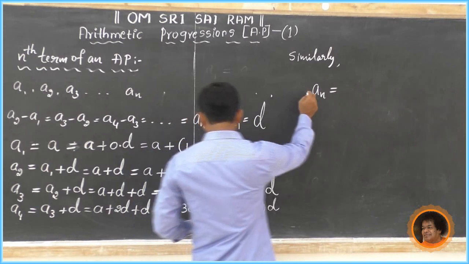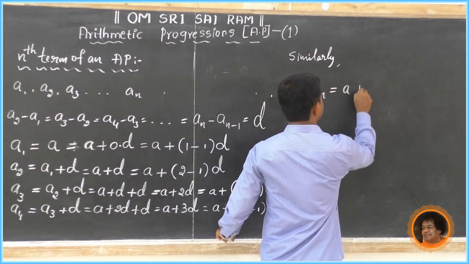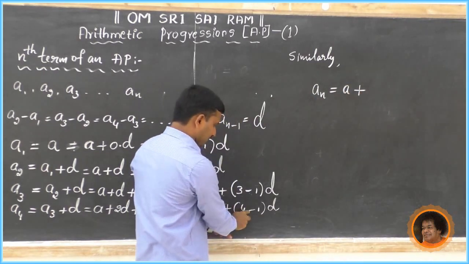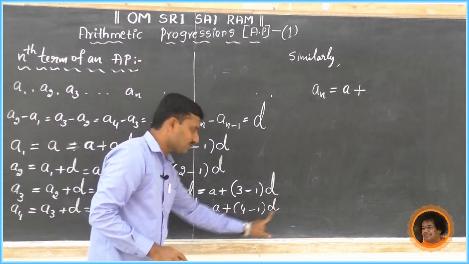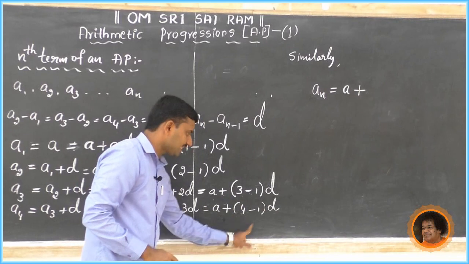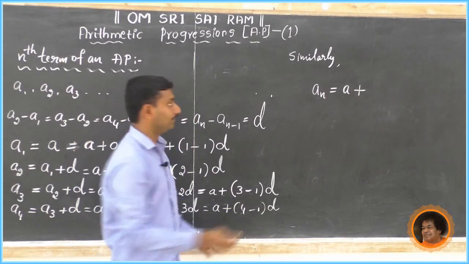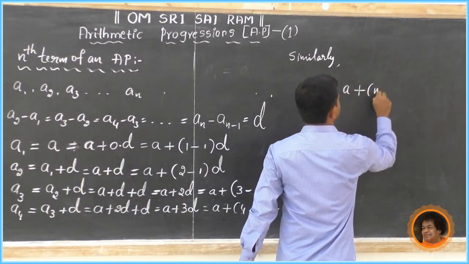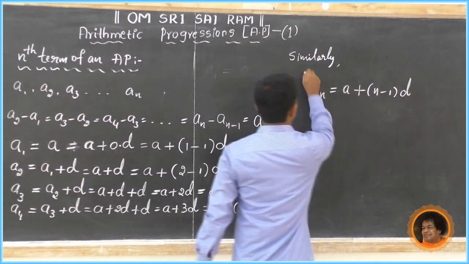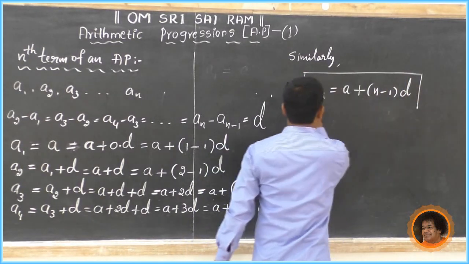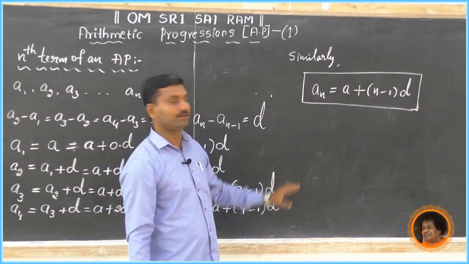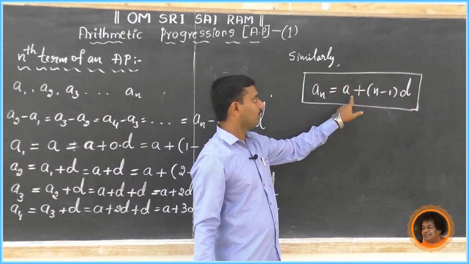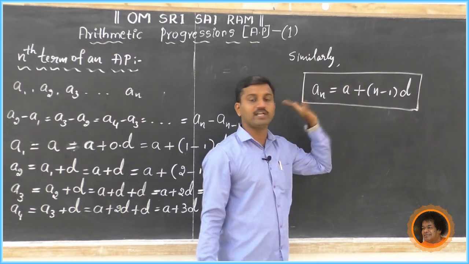So an means A plus (4 minus 1) into D for the fourth term, (5 minus 1) into D for the fifth term, A plus (6 minus 1) into D for the sixth term. What about the nth term? The nth term is A plus (n minus 1) into D. So this is the general term of an AP, an equal to A plus (n minus 1) into D.